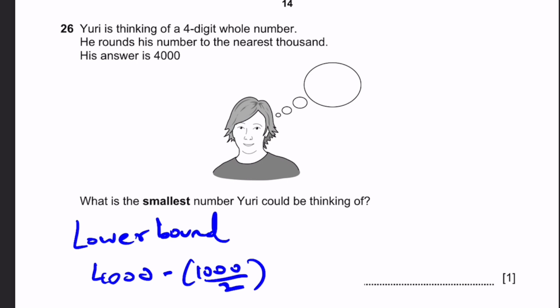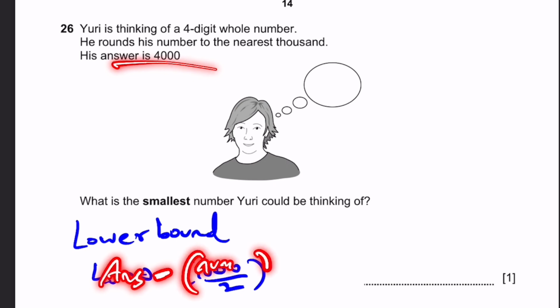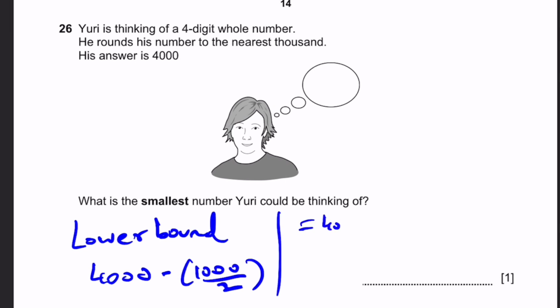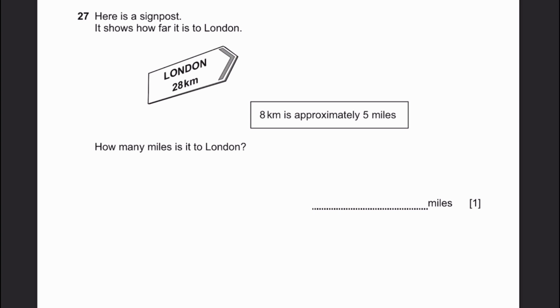This is the formula. So the answer minus the number which you're rounding to divided by 2. So 4,000 minus 1,000 by 2, that'll be 4,000 minus 500, which is simply 3,500. That's the answer.